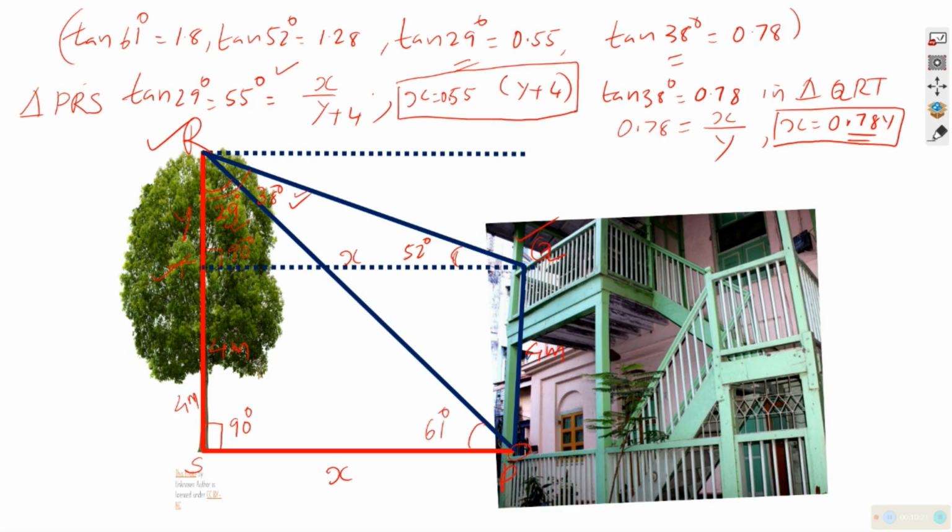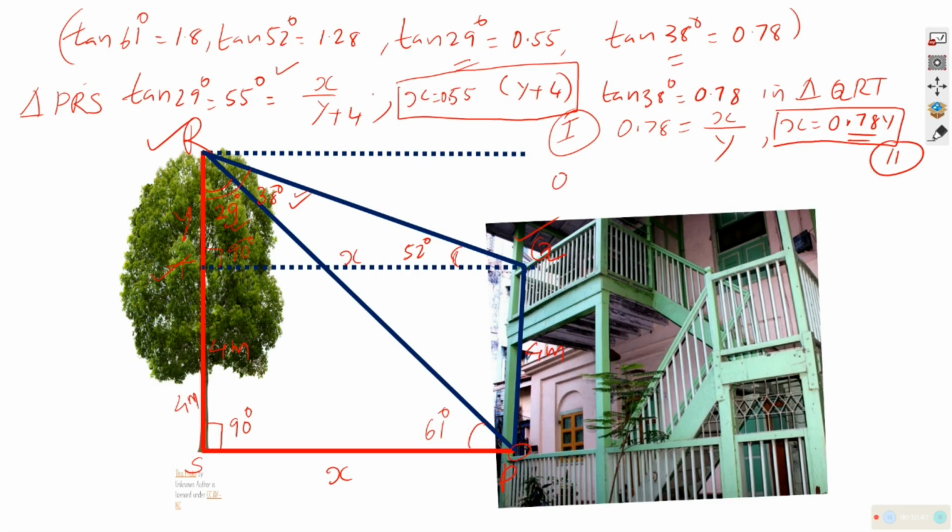Again our algebraic idea comes into practice here. We have two equations. Let me mark this as equation 1 and this as equation 2. There are many ways to solve this. We got 0.78y is equal to x, and at the same time 0.55 into y plus 4. Let us equate both.